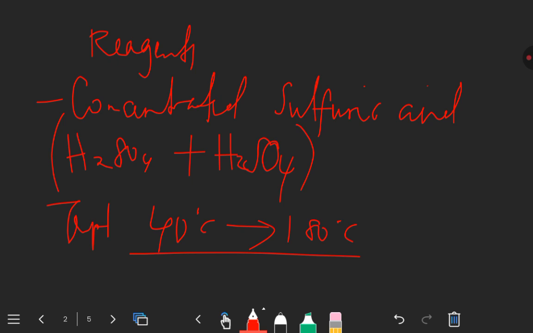And the other thing I want us to take note of is that this reaction can occur when you have a fuming reagent, and the fuming reagent is the same one which we are calling sulfuric acid. So sulfuric acid is a fuming reagent.